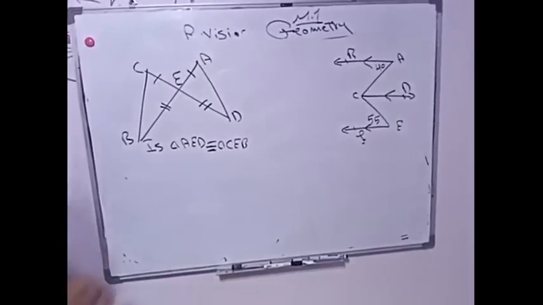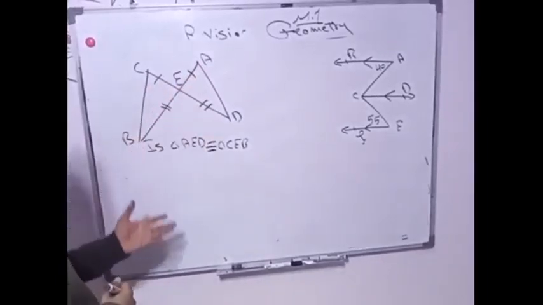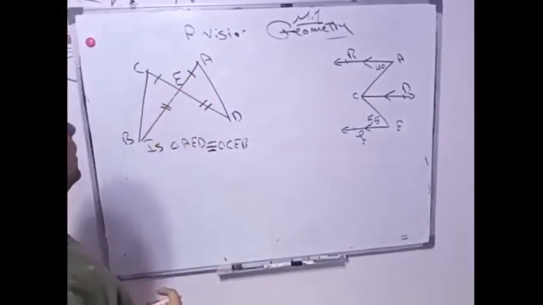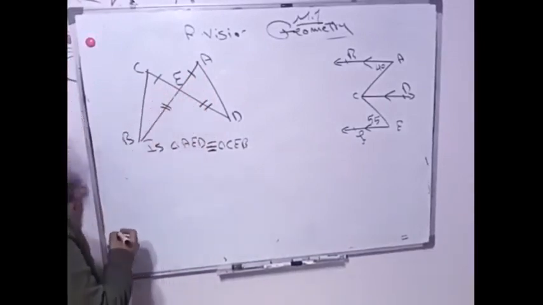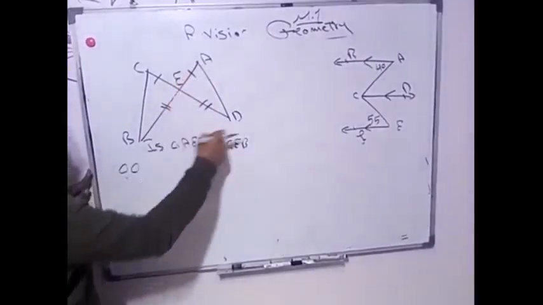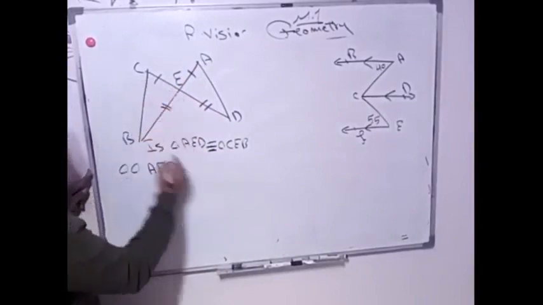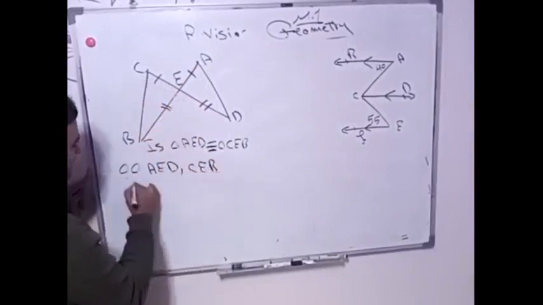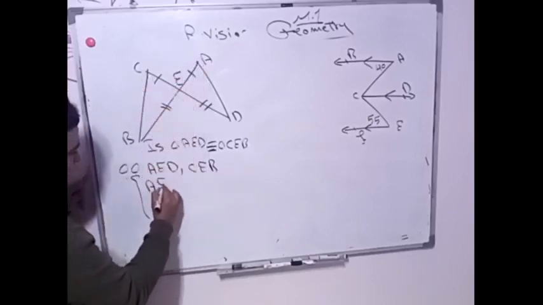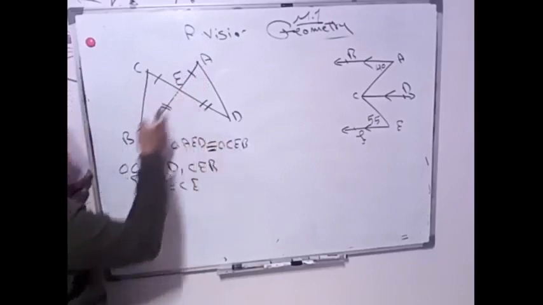This is my question now. We have two triangles AED and CEB, and he asked me, is this triangle congruent to this triangle? Let's search for my conditions. In the two triangles AED and CEB, we have AE equals CE, and DE equals BE.